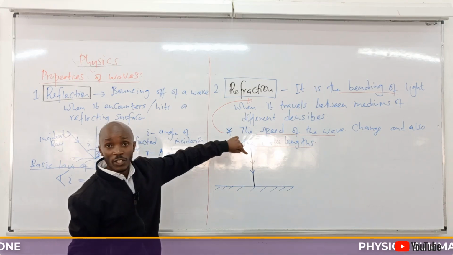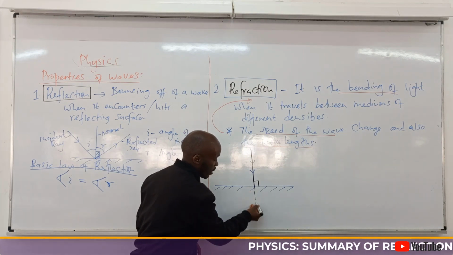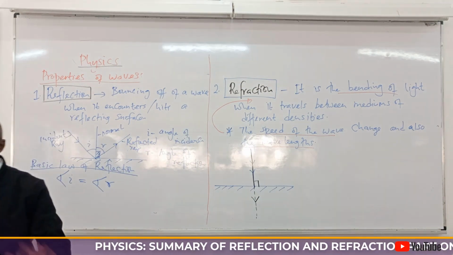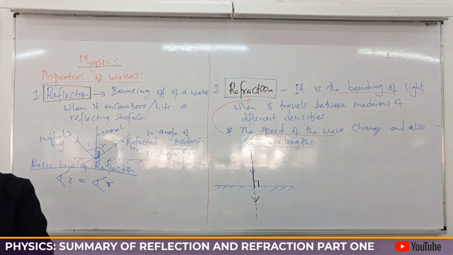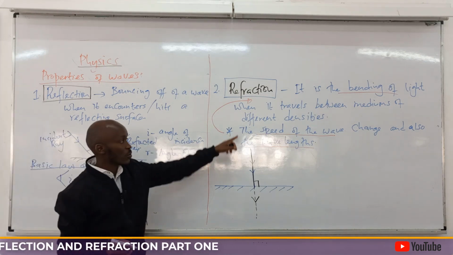Will this ray undergo refraction? It won't. So it just continues in this other medium through the same line. So it doesn't undergo refraction. However, there are two things that still happen.